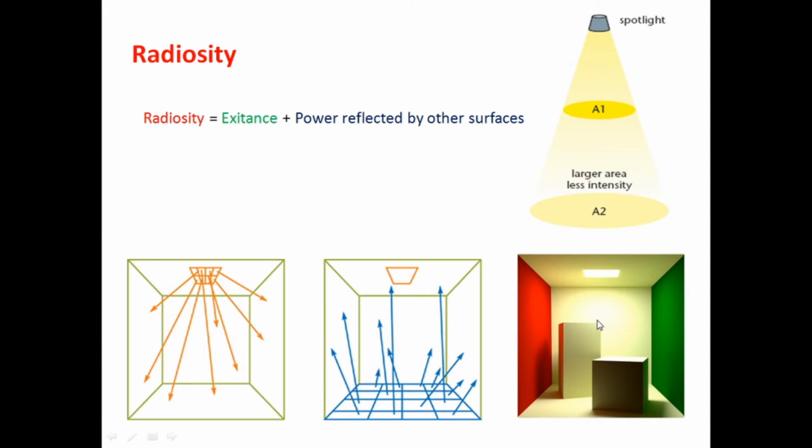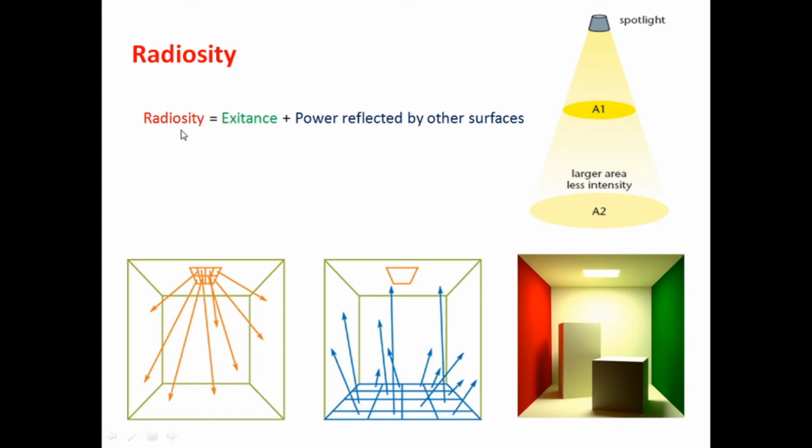That means the pixels in the image plane of the camera have variable levels of darkness because of this emittance of light, that is, the reflectance of the light. So this scene is exhibiting radiosity.